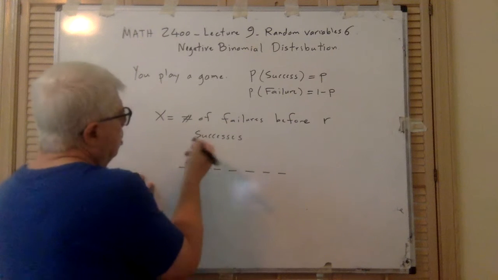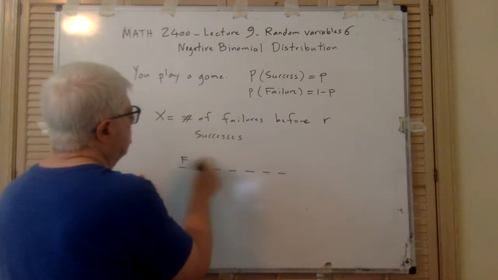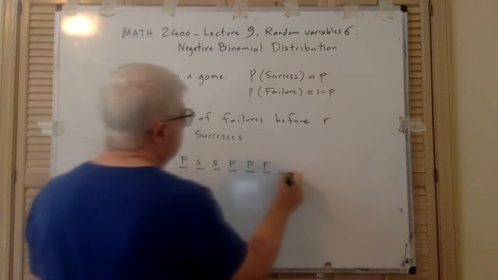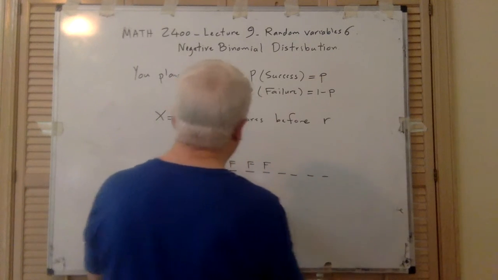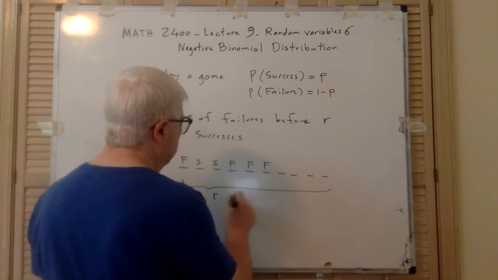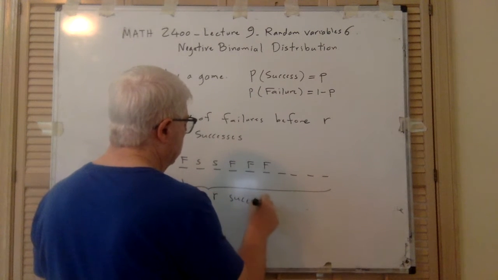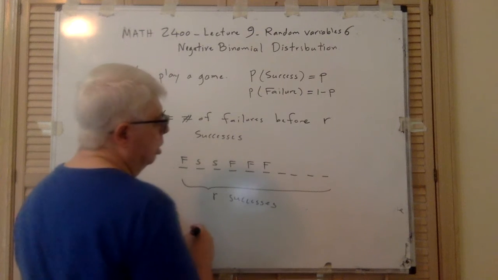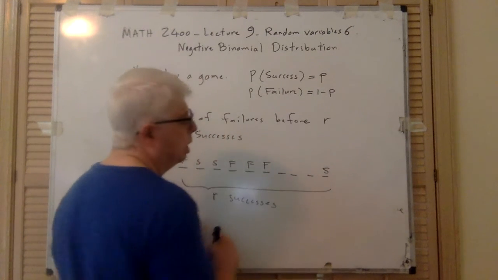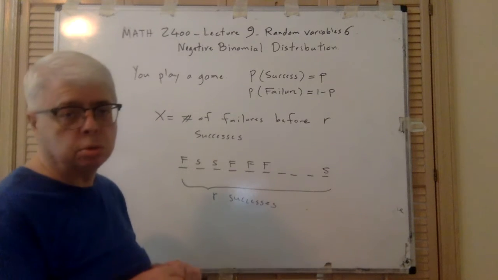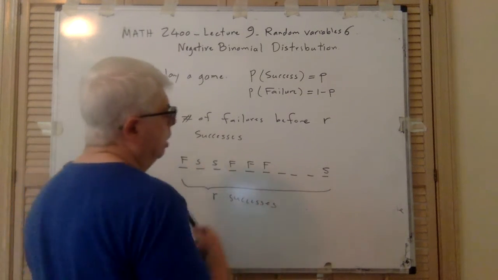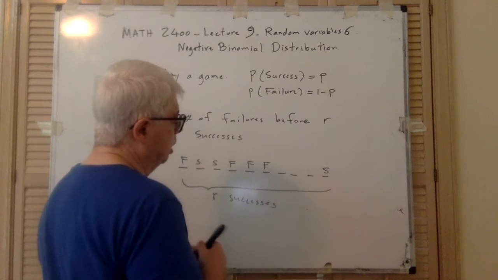So you have like failure, success, success, failure, failure, failure, dot, dot, dot, and you assume that you have R successes. So when you have R successes, it means that the last one is also a success. So the last one is a success, and that is R.